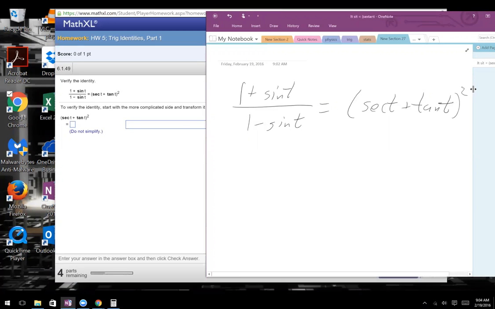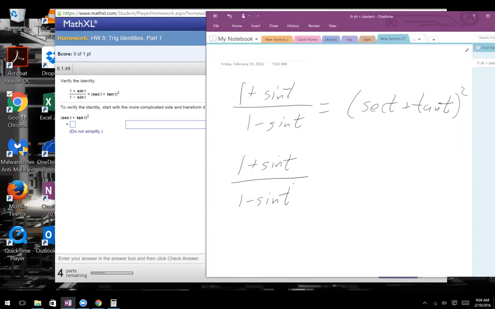Okay, let's get back to math. All right. So again, the idea of trig identities, we want to start on one side and do algebra type stuff and make the other side. Yes, you should take notes on this. What can we do to turn that into that? Let's think about that.